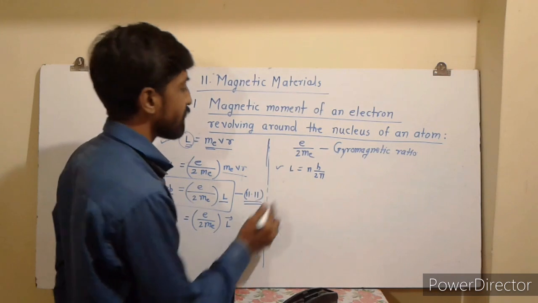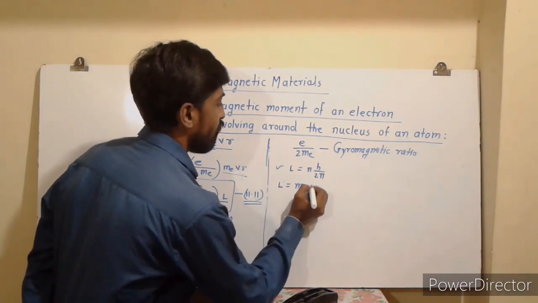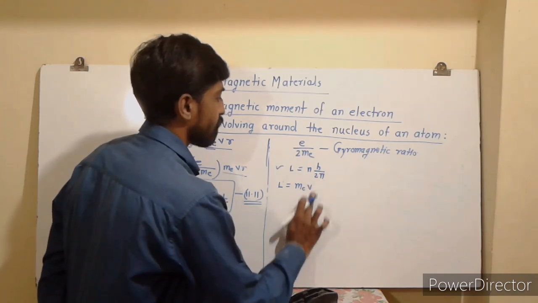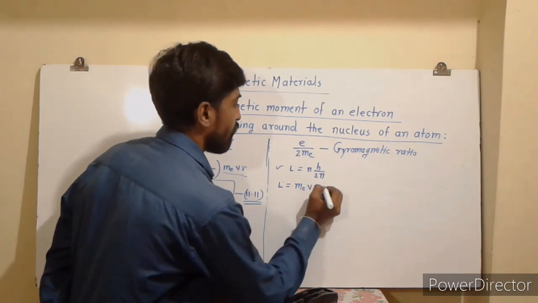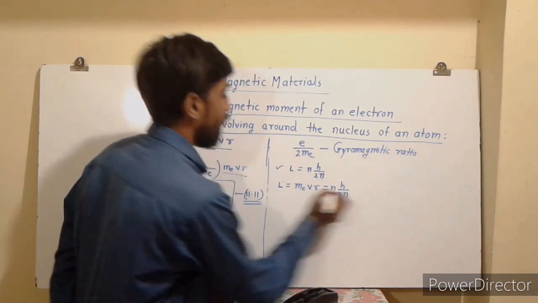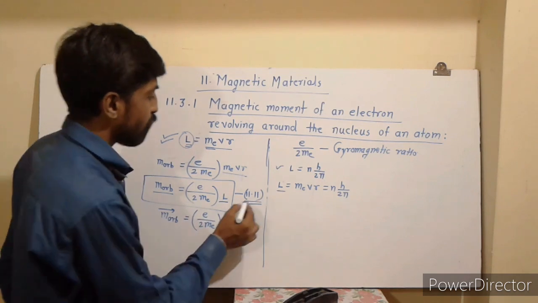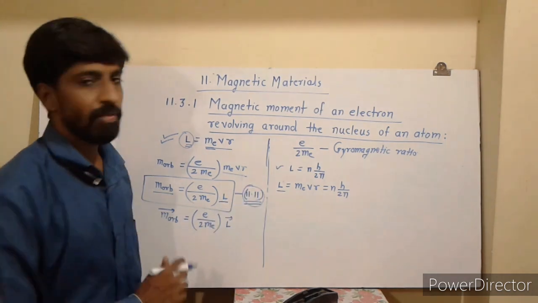So therefore we can say that L is equal to m e v r, which is equal to n into h upon 2 pi. So let's take this value of L and put it in equation 11.11.